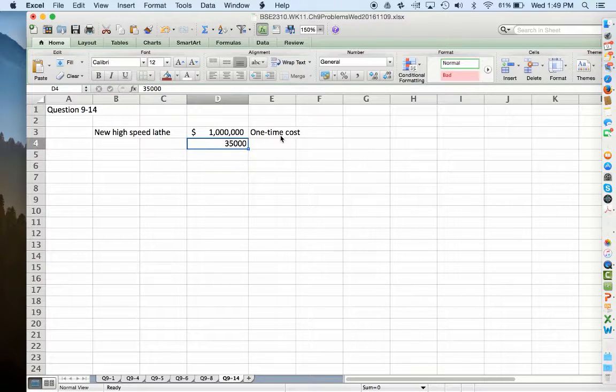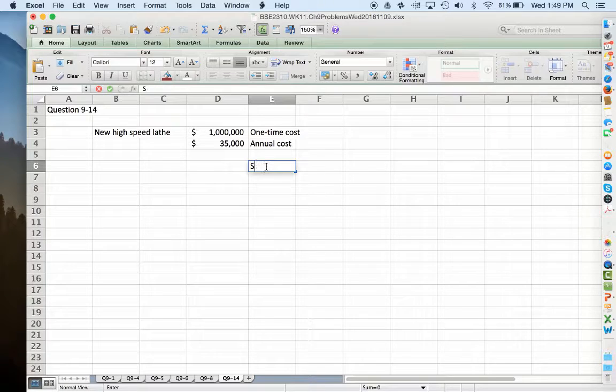Those are two separate things, and we want to keep them distinct because we're going to analyze them in different places. Then we are going to save $125,000 per year.